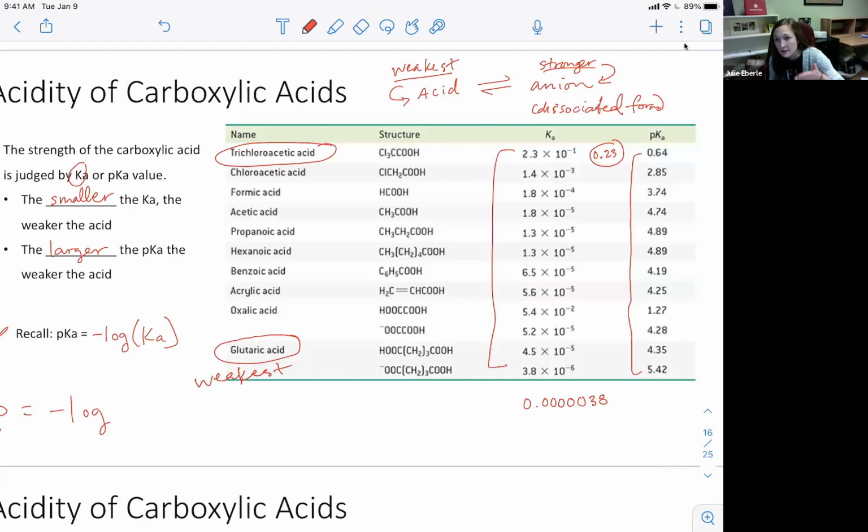We know that because it has the smallest Ka value, or what's a lot easier when you know the trend is you can just look at the pKa values. A larger pKa value implies a weaker acid. Again, if this confuses you and you don't want to keep this straight in your memory, throw this on your note card, okay?